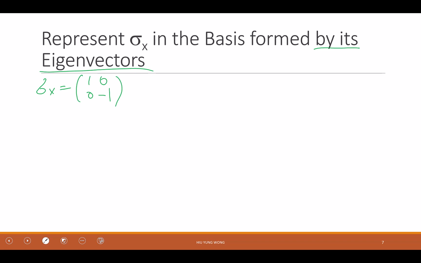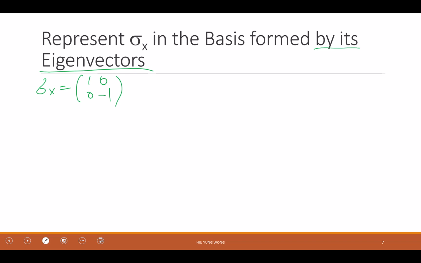When we write sigma z, up to now we keep using the sigma z basis. We can call it the computational basis. That is what people usually say. I should mention that. It is like we have been talking to each other in English. That is our computational basis, right?